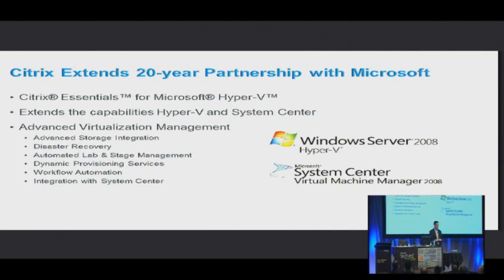So that's one example of the partnership. Another example, something we're excited about next month, is we're taking the industry-leading load balancer, Citrix NetScaler, and we're virtualizing it. Next month we're releasing a virtual edition of the NetScaler that will run on top of Hyper-V. Another example of that partnership. The session today, of course, is about how we enhance and extend the functionality of Hyper-V with Citrix Essentials for Hyper-V.